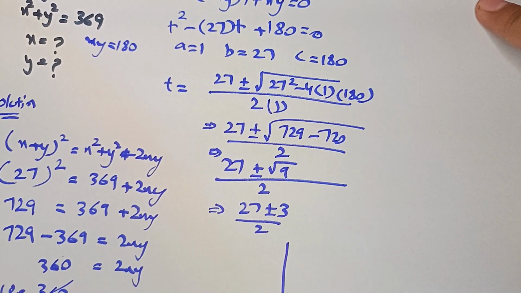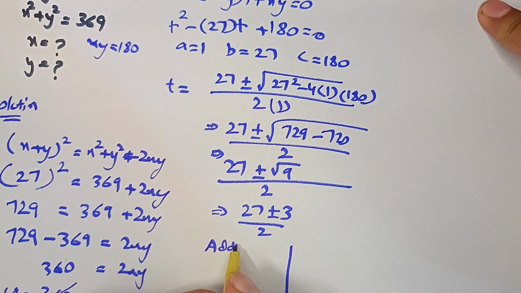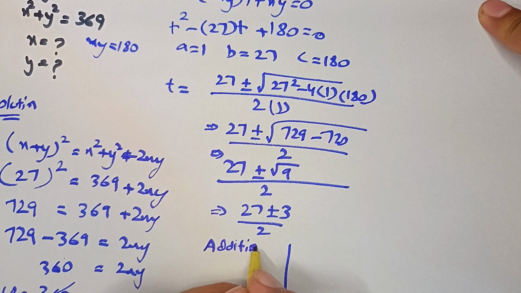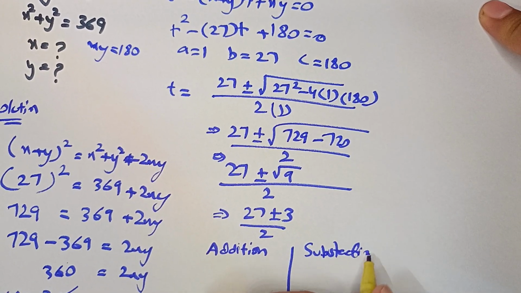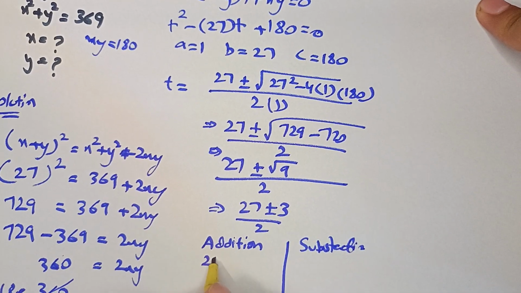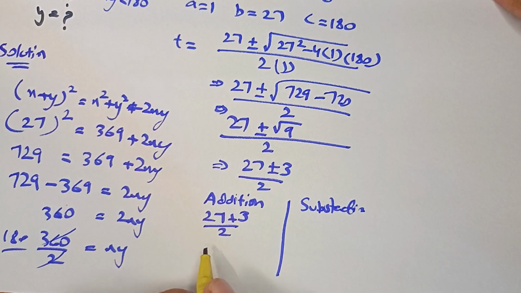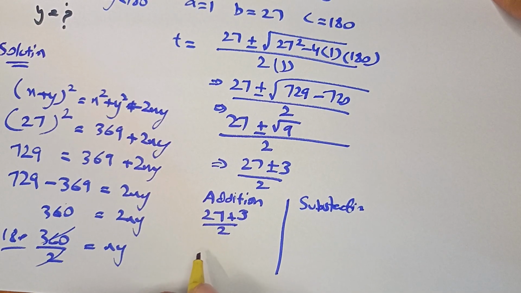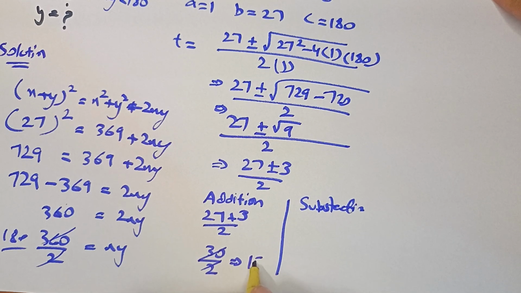So this comes to an addition side and a subtraction side. Add these two values, divided by 2. 27 plus 3 is 30, divided by 2 is 15.